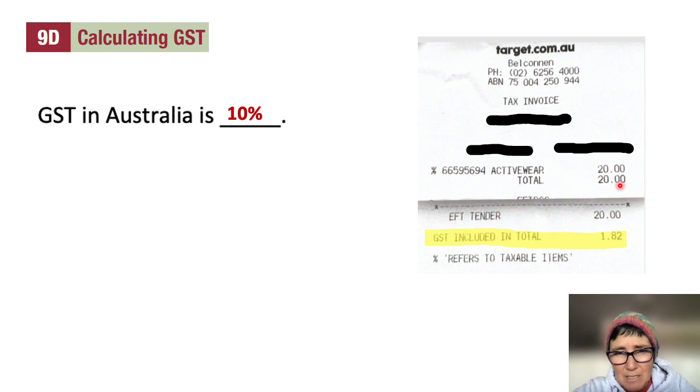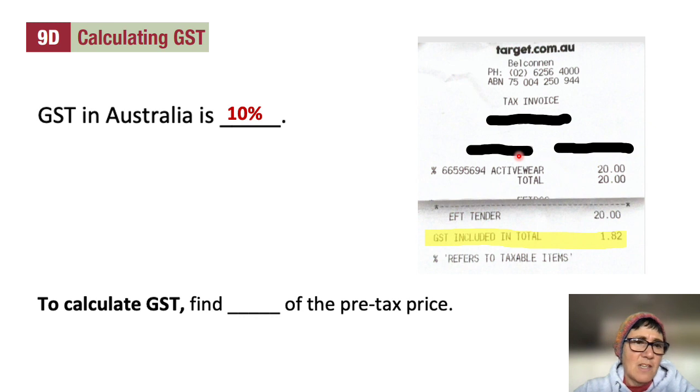So I paid $20, but of that $20, $1.82 was GST. Now, I've deleted all of this stuff so you can't get my credit card number. All right. So, to calculate GST, you find 10% of the pre-tax price. Now, that's in Australia because we have a GST rate of 10%.